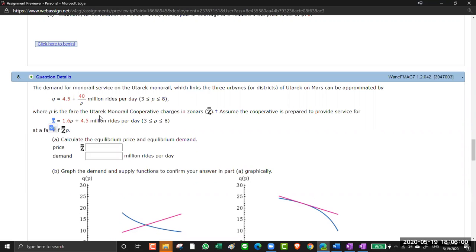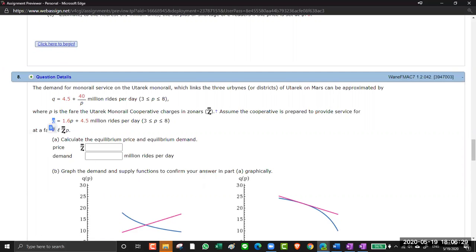I subtracted supply from demand. Demand minus supply, basically. You took this one minus this one. Okay, so then that should be negative. Did you get negative? Yeah, it's negative.